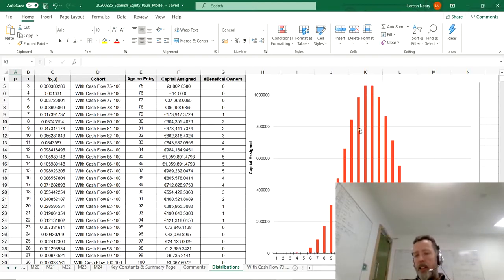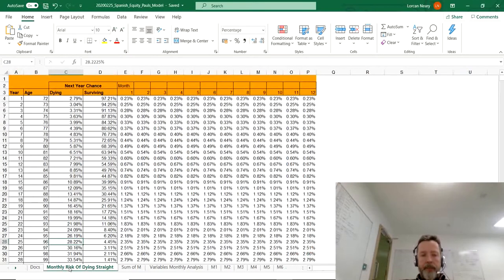So we do think as well the mortality statistics that we have are based on healthy cohorts of individuals. Let me just go and show you that page very quickly. So this basically represents the chance of somebody dying within any given year, and it's based on statistics for Spain, and the statistics are for the general population.